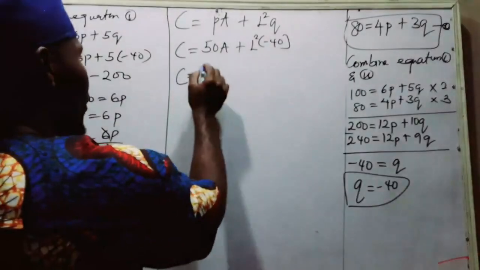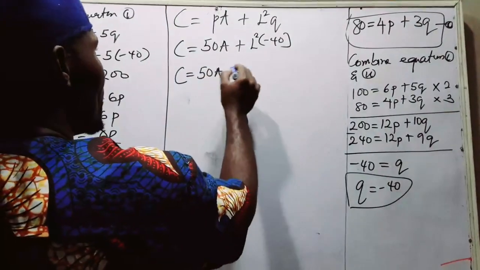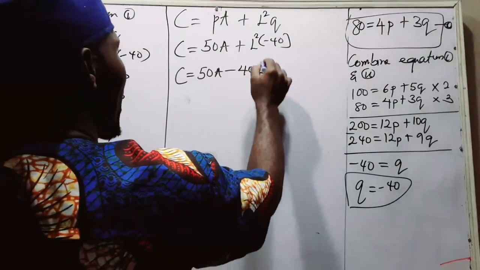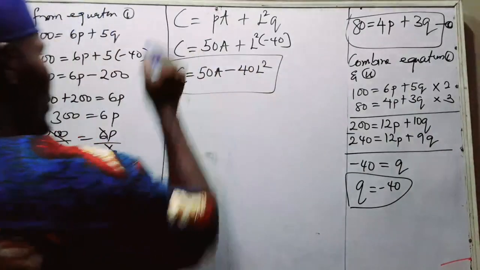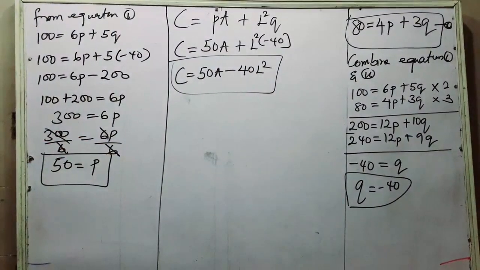So C is equal to 50A minus 40L square. So this is the relationship between them. We are able to get the relationship between both equations, which is C is equal to 50A minus 40L square.